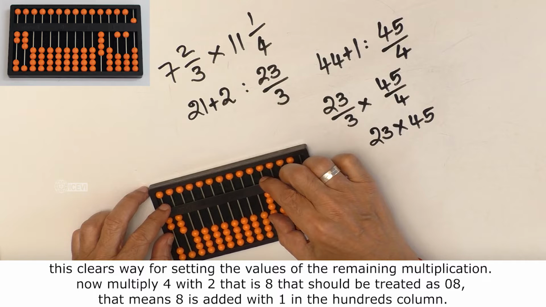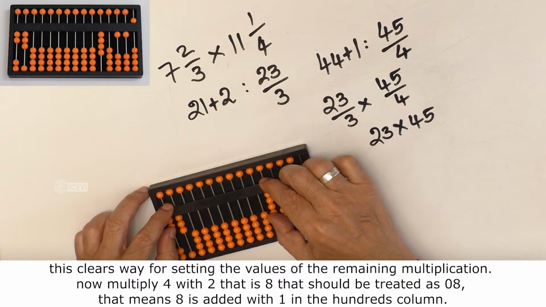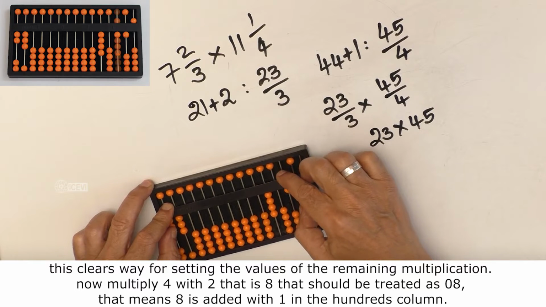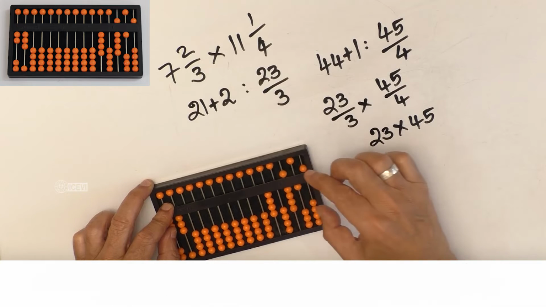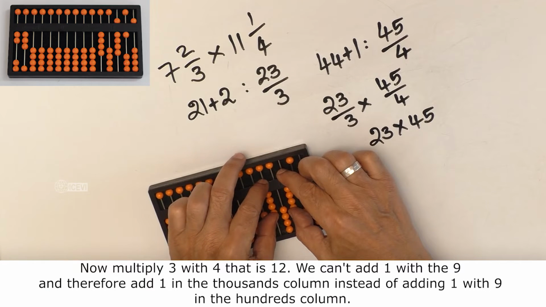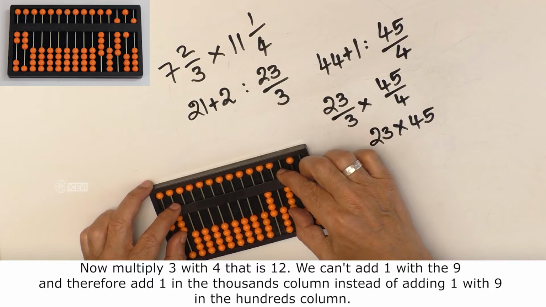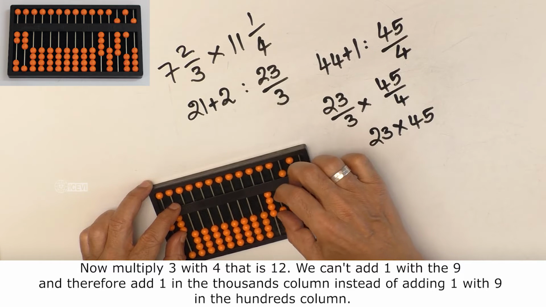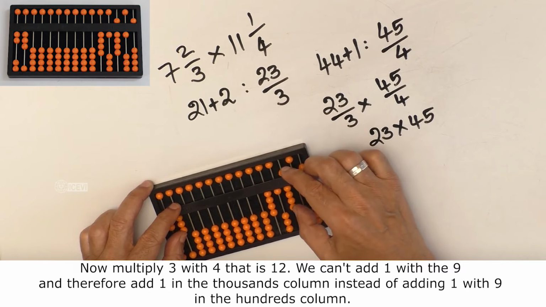Now multiply 4 with 2, that is 8. That should be treated as 08. So that means 8 is added with 1 in the hundreds column. Now multiply 3 with 4, that is 12. We can't add 1 with 9 and therefore add 1 in the thousands column.